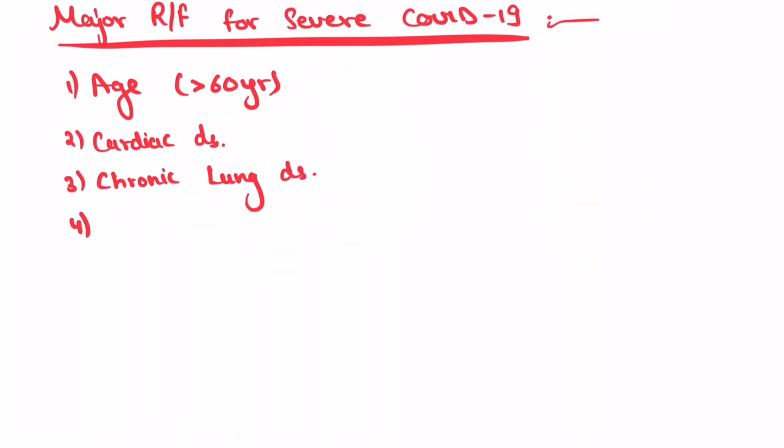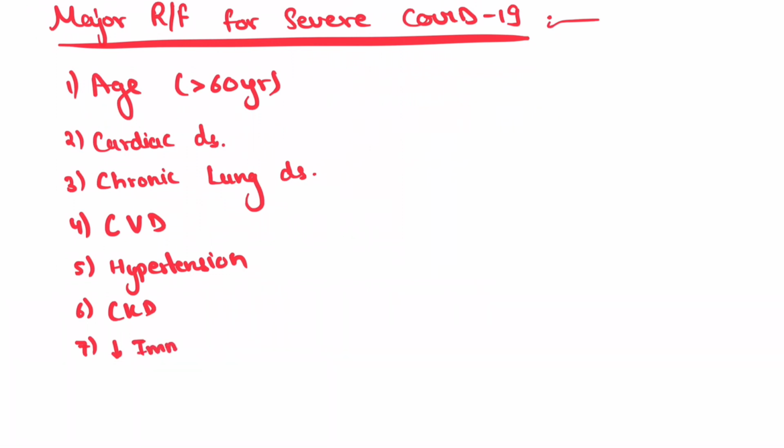Another is cerebrovascular disease, hypertension, chronic kidney disease, decreased immunity or immunocompromised patients, and patients with cancers. So these are the major risk factors for severe COVID-19 disease. So these are the high risk groups.